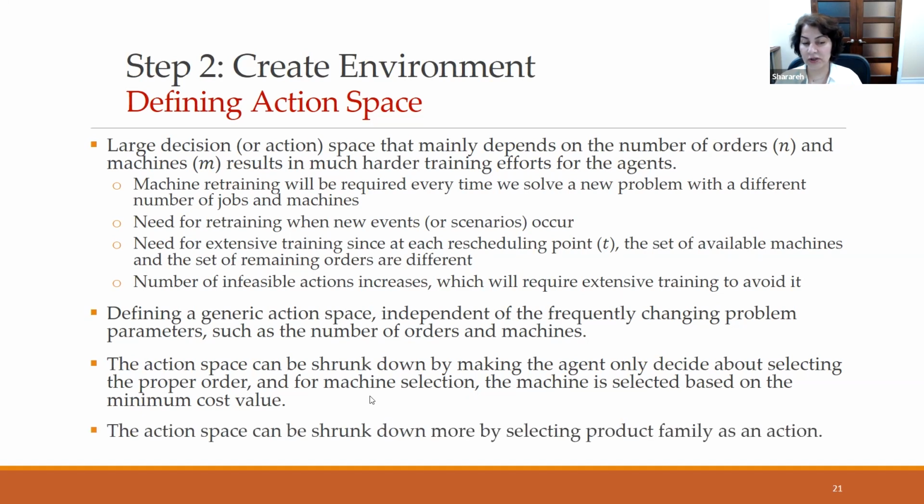And the action space can even be reduced by only selecting the product family. So what we are proposing is that either no product family is selected to be assigned to a specific machine, or the decision would be reduced to the selection of a product family to be assigned to a machine.